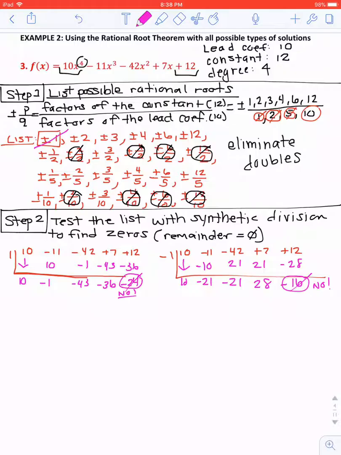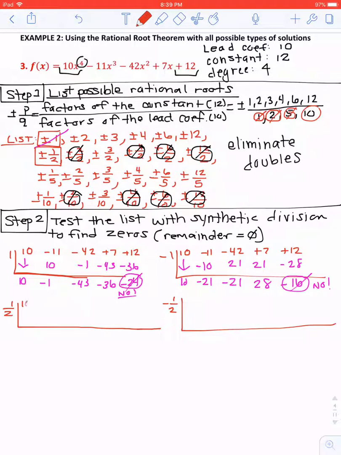Okay, so I'm going to check 1/2. So you do need to brush up on multiplying with fractions. You multiply with the top number, divide with the bottom number.